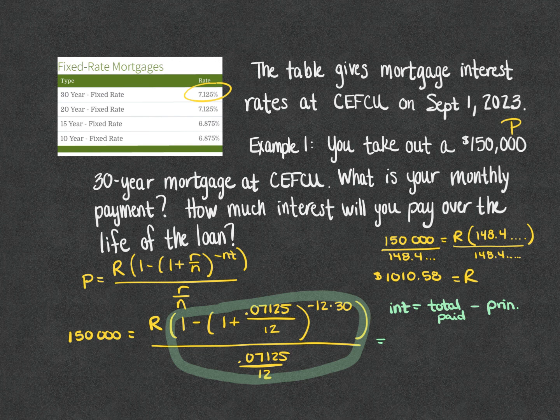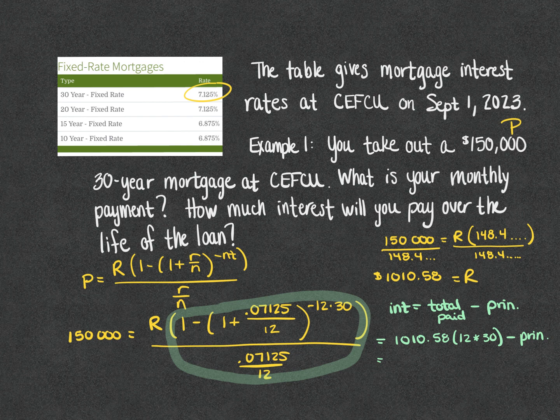So the total that we're going to pay is $1,010.58 every month for 30 years. And then we're going to subtract the principal of $150,000.